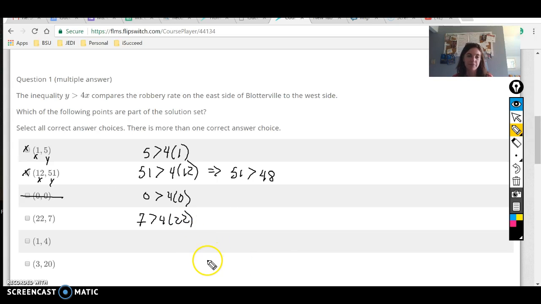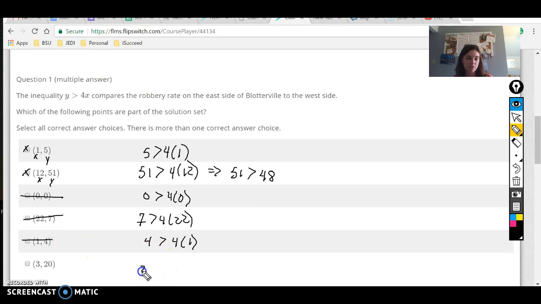Well, we can see right off the bat that that one will not work. This next one, 4 is greater than 4 times 1. Well, it's equal to 4 times 1, but it's not greater than, so that one won't work.